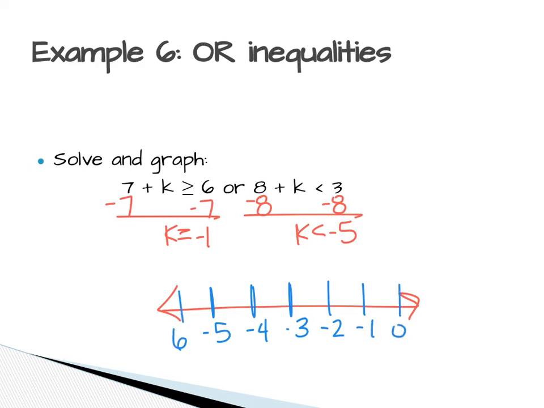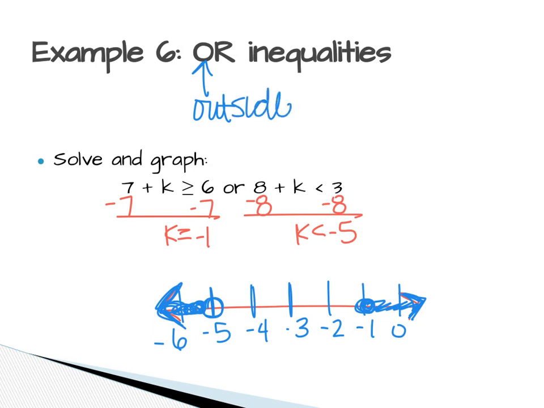For good measure, let's put 1 on either side. Put a closed circle on -1 and shade everything that is bigger than -1, which is this way. Put an open circle on -5 and shade everything that is smaller than -5, which is this way. Or 9 times out of 10 goes outside when you shade it. And then and goes inside when you shade it.